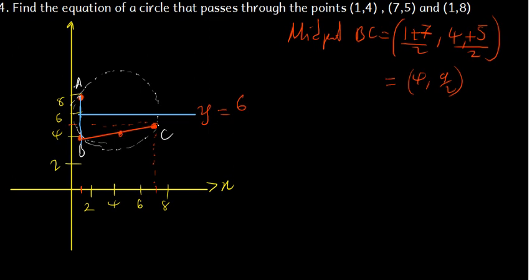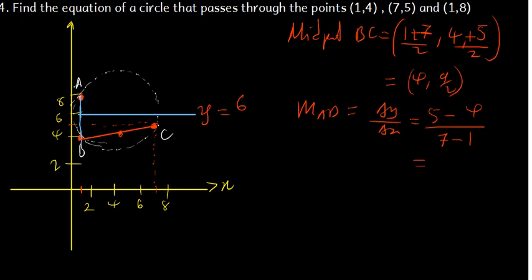Now we also need to find the gradient of this line. So the gradient of BC is given by change in y over change in x. So y2, let's consider this as 2, this as 1. So y2, the y-coordinate of C is a 5, minus y1, the y-coordinate of B, that's a 4, and then divide by x2, the x-coordinate of C, which is 7, minus the x-coordinate of B, a 1.